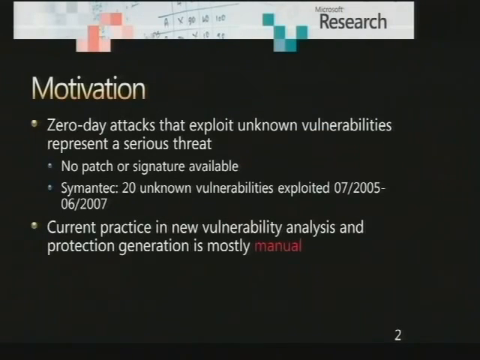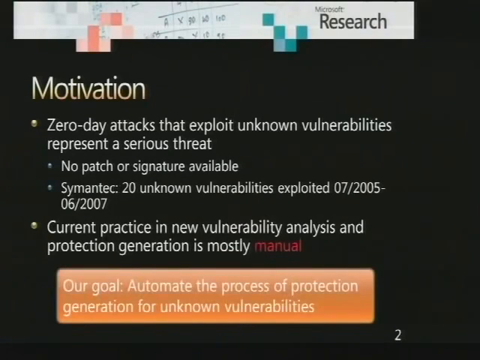However, current practice in new vulnerability analysis and protection generation is mostly done manually. So the attack is out there, but we need to take a lot of time to manually analyze them. It's really not a good idea. So our goal in this work is to automate the process of protection generation for unknown vulnerabilities.